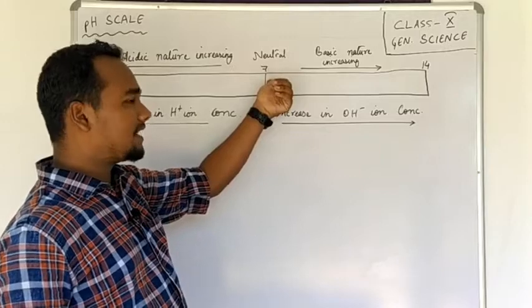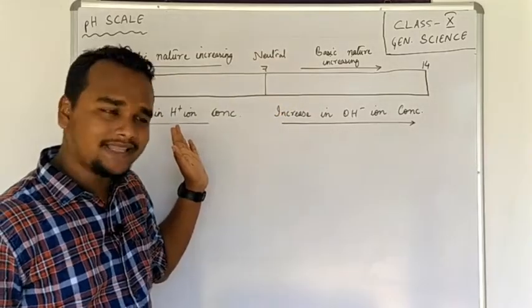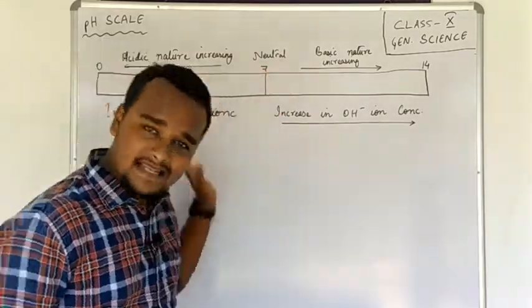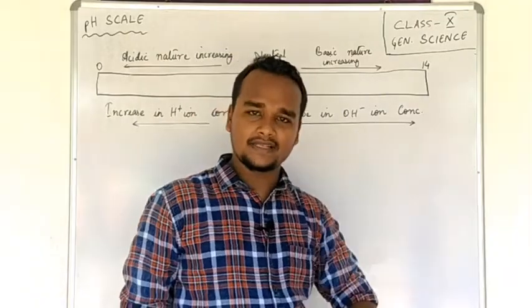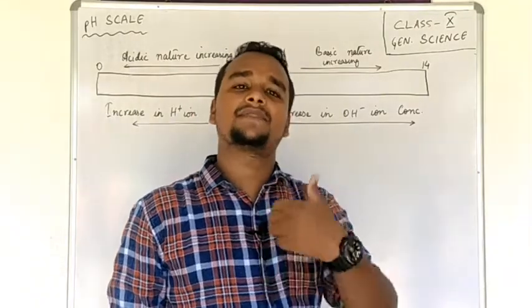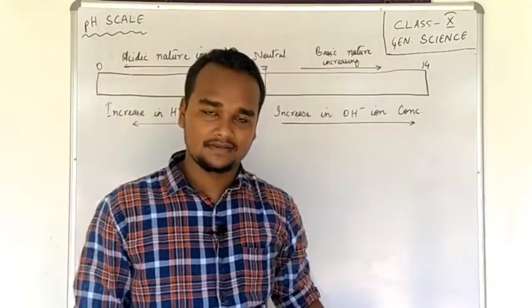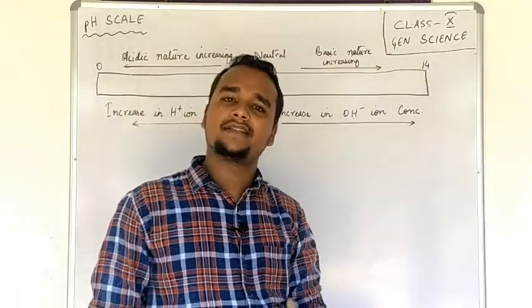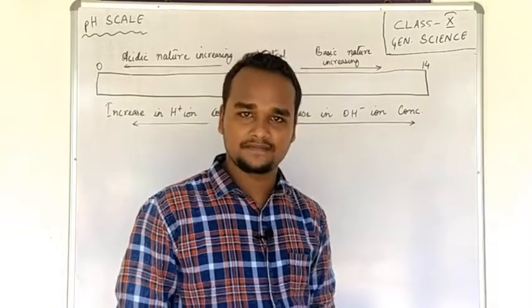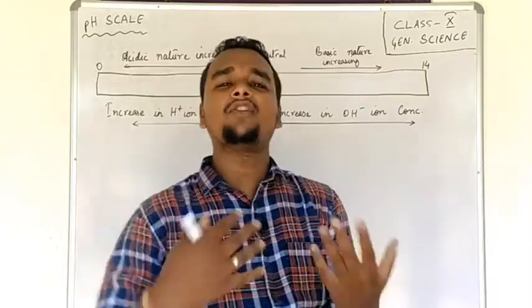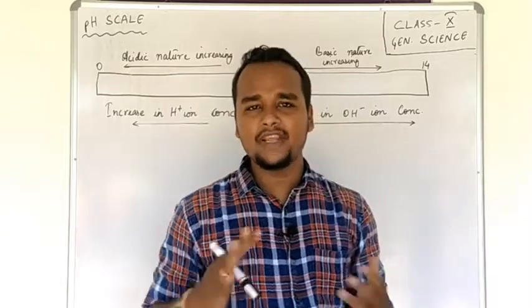In that pH scale, the numbers less than 7 indicate that the substance is acidic. Numbers more than 7 indicate that the substance is basic. So basically what is the meaning of this pH?